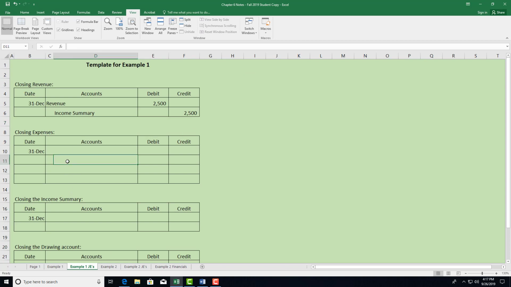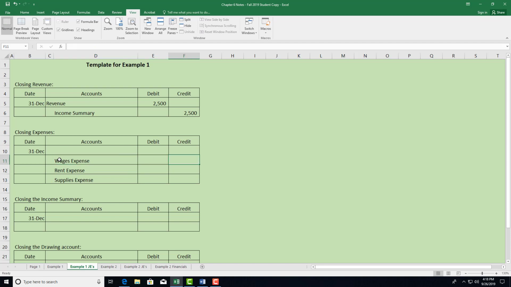So in my journal entry, and I know we write the debits first, but I'm going to put the credits down and then come back and do the debit. So we credit wages expense, rent expense, supplies expense.